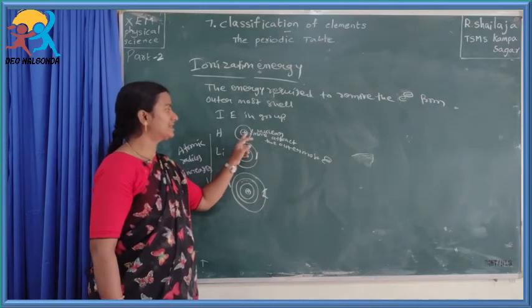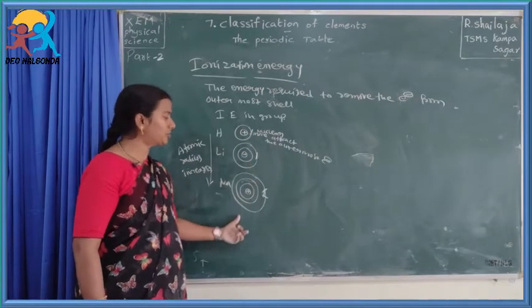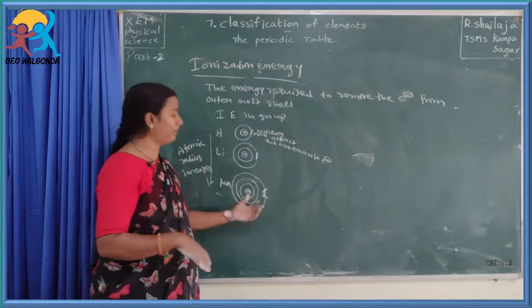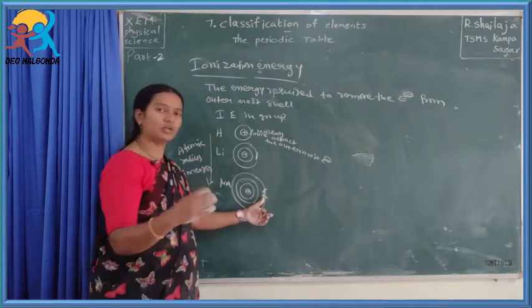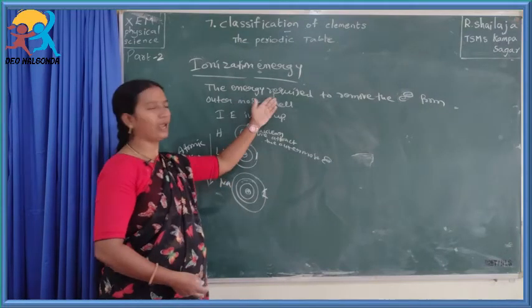Here the distance is very small, so it attracts the outermost shell electron more. Here the distance increases, so the attracting power decreases, which means the outermost shell electron is easily lost. If it is easily lost, less energy is required.